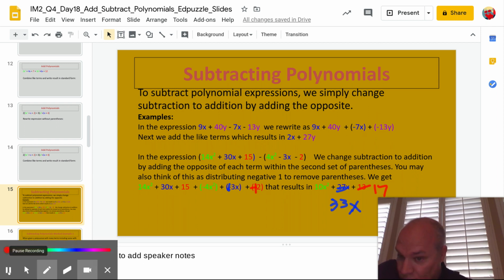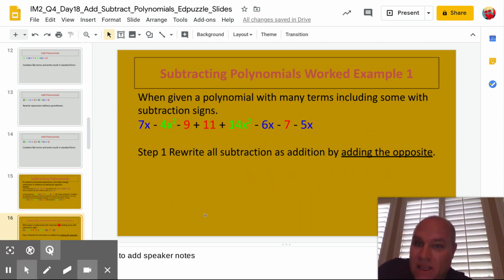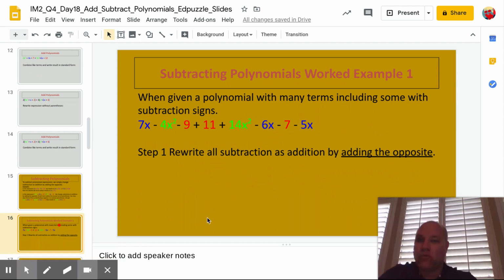Okay, let's work. Here's our worked example. 7x minus 4x squared minus 9 plus 11 plus 14x squared minus 6x minus 7 minus 5x. In this example, we don't have any parentheses. So all I want you to do when you have this situation is rewrite it as all addition signs. So we're going to change all the subtraction to add the opposite sign.